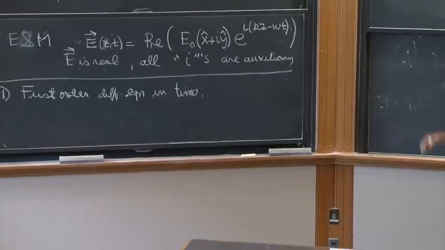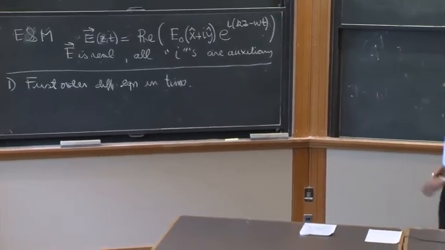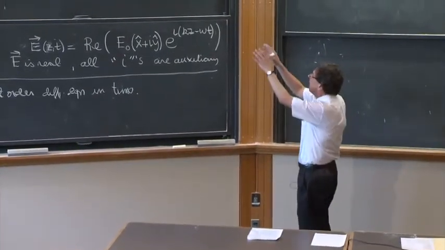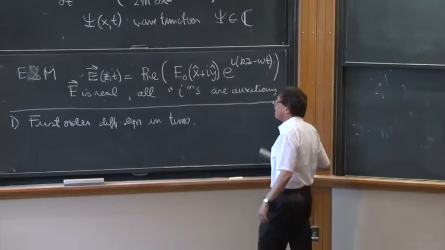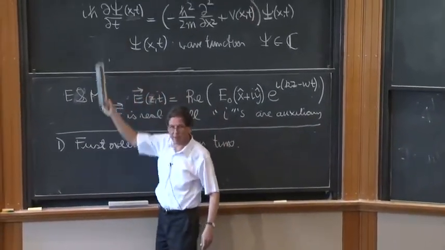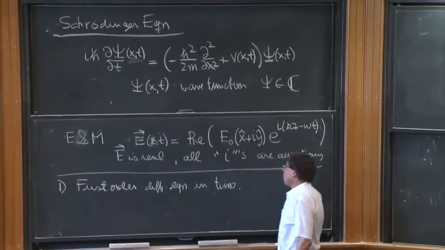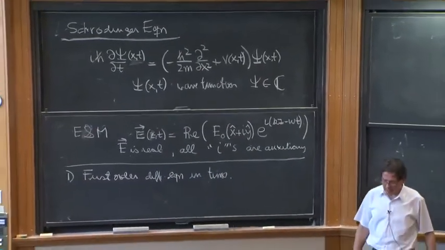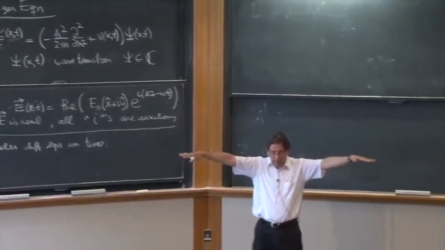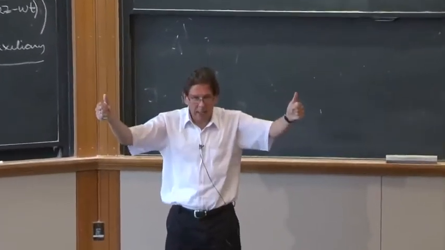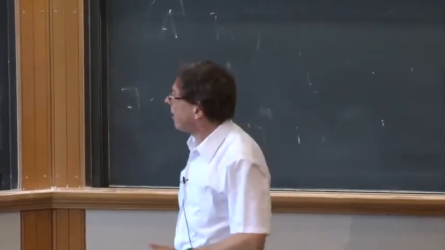There's two derivatives in x, or maybe for some funny Hamiltonians you could have even more than two derivatives or more complicated things, but definitely there's just one derivative in time. So what this means is that if you know the wave function all over space, you can calculate what it's going to be a little time later.